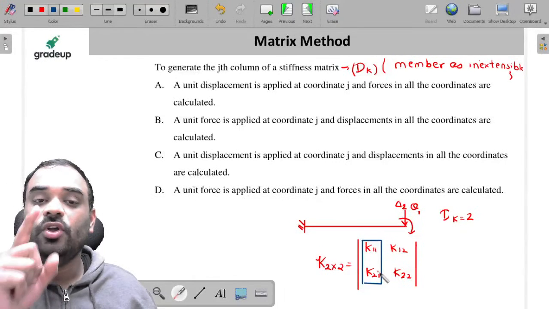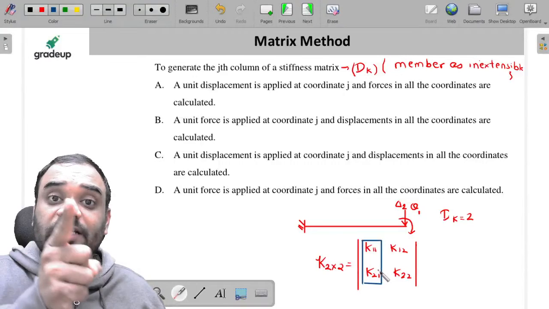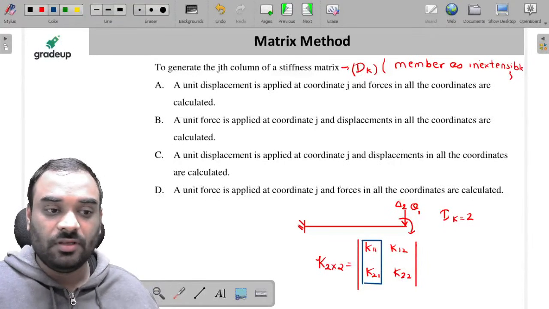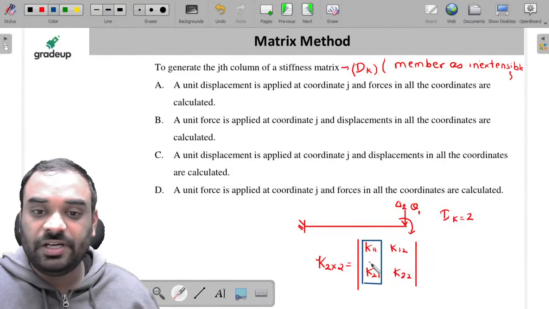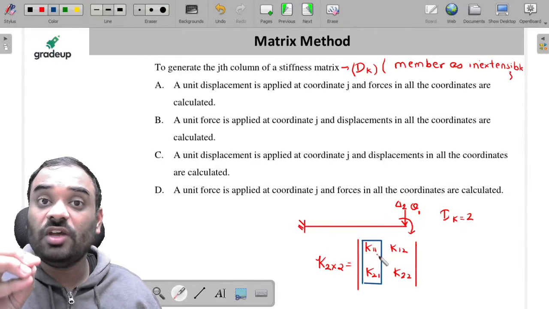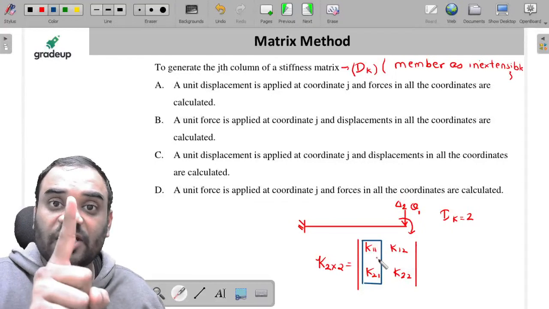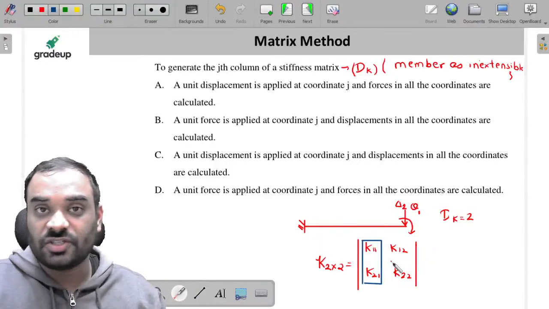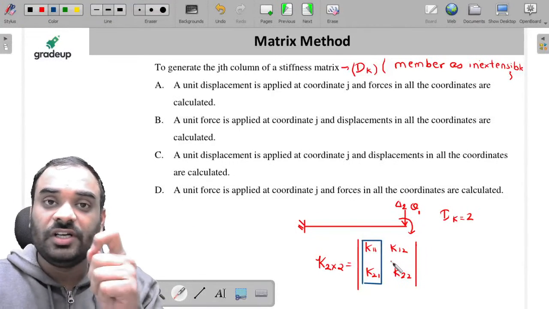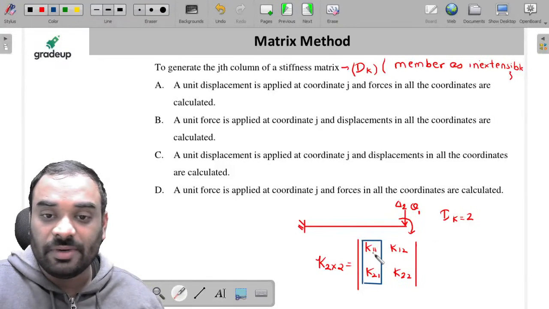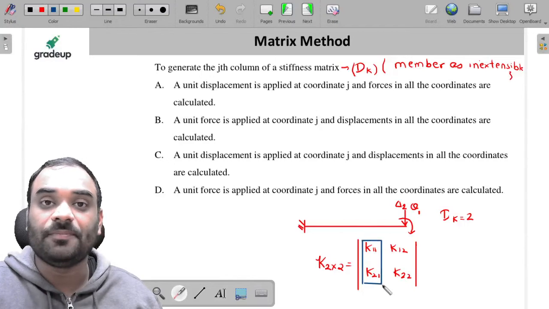So what we have to do is give unit displacement in direction 1 only and restrain the other given coordinate direction, and find the force developed in direction 1 and direction 2. So you will get two elements, K11 and K21.